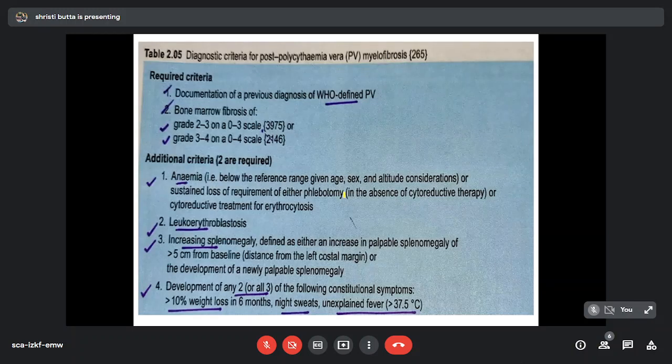The diagnostic criteria of post-polycythemia vera myelofibrosis has been given in WHO. The required criteria is documentation of polycythemia vera with marrow fibrosis. Of additional criteria, two are required: either anemia, leukoerythroblastic blood picture, increased splenomegaly, or any two of the three, that is more than 10% weight loss, night sweats, and unexplained fever.